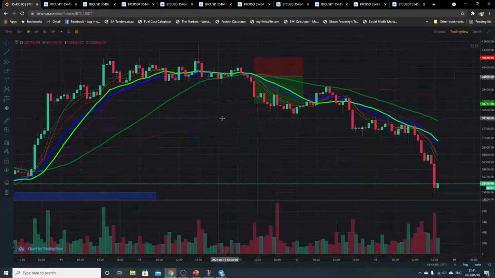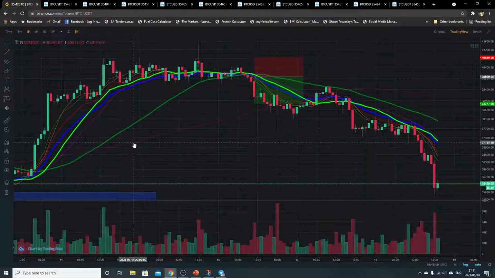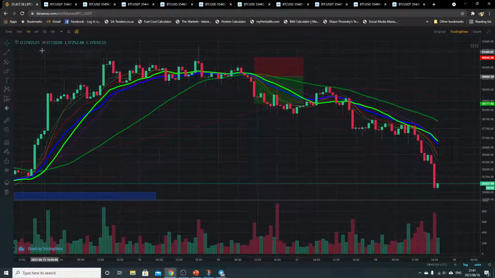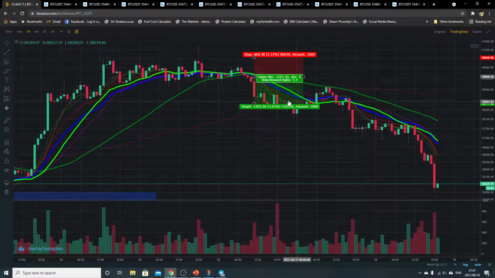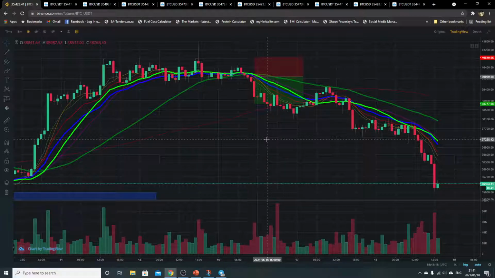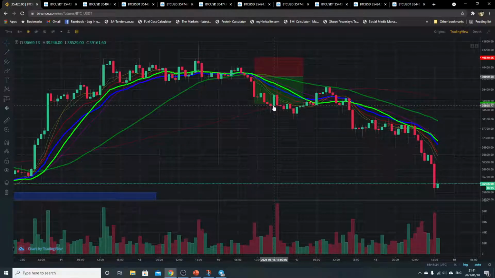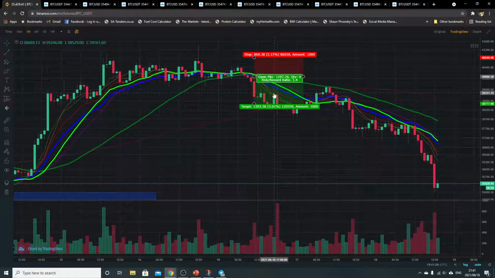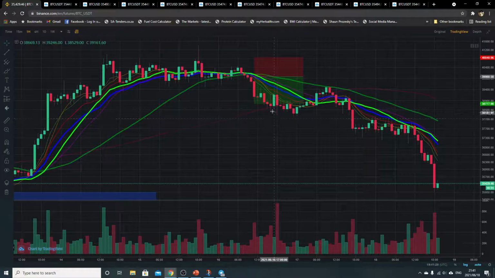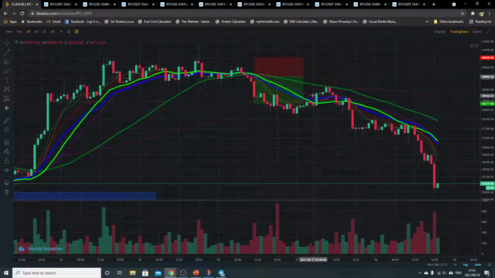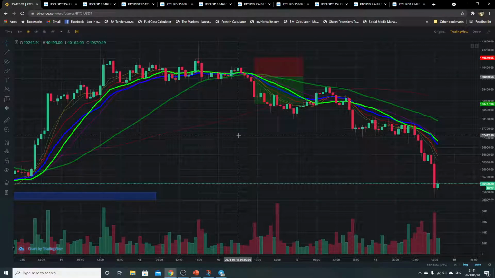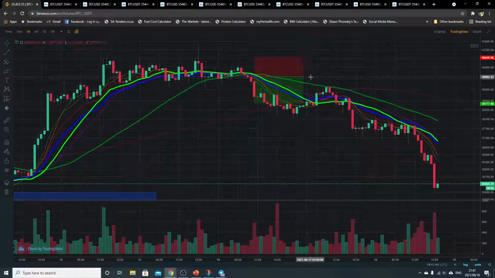It's because of the 99 or 100 moving average on the 1 hour time frame, guys. Just in case that bounced back, it did have a little bit of a bounce over here. You see the green candle there, and then we came back down and floated around. So yes, I had my stop loss there.